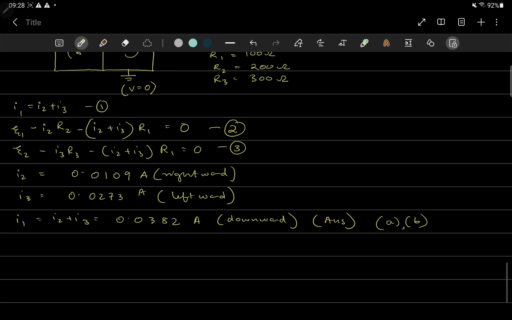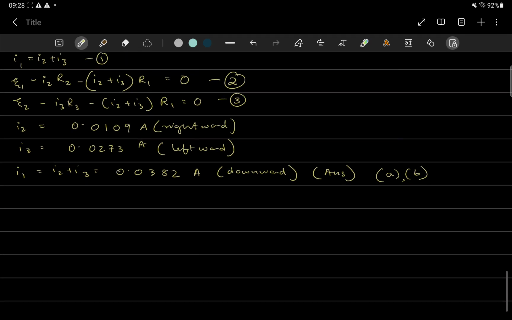So moving on to the next part of the question. The question asks part C and D as the size and direction of the current through resistance 2. So we have already found that. Part C and D asks you to find the size and the direction of the current through resistance 2, which is I2 over here.